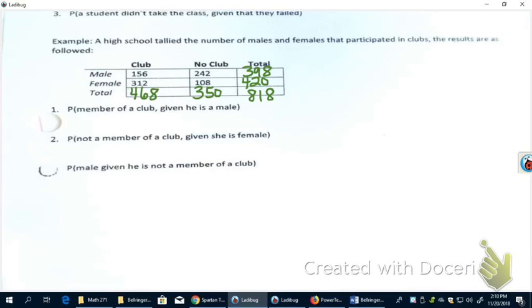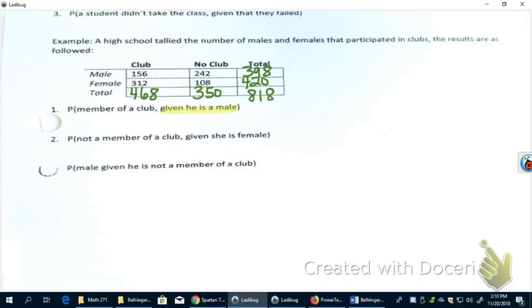All right, the first question says, the probability that it's a member of a club, given that he is a male. Okay, so we start with given he's a male. Okay, so where's the male?